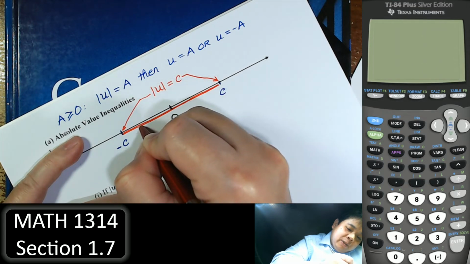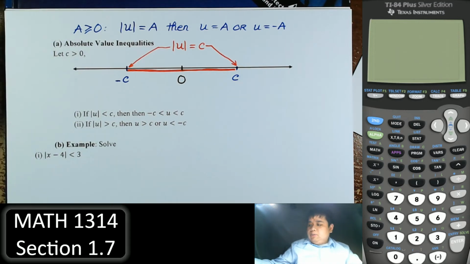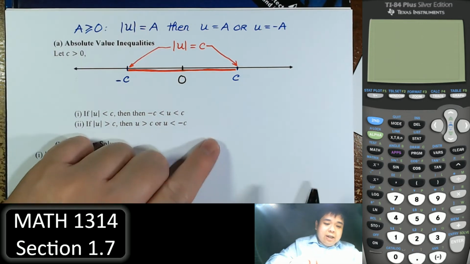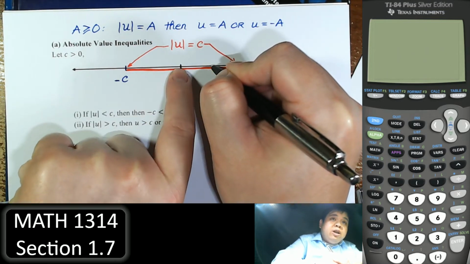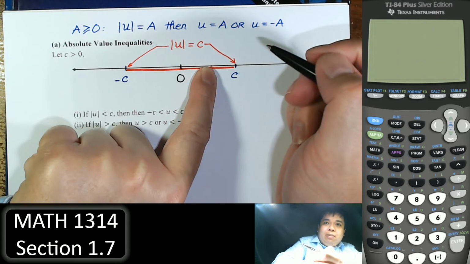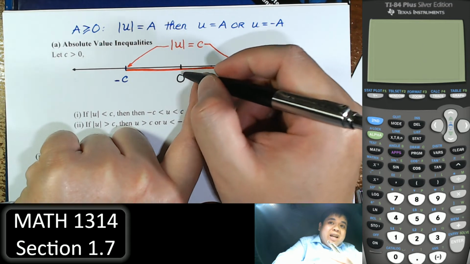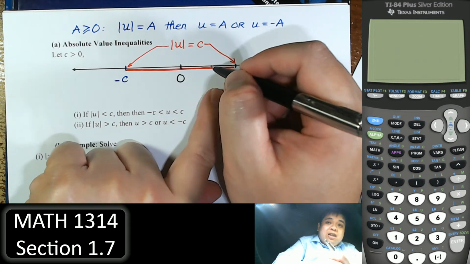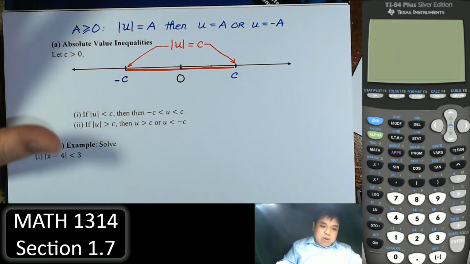Why is that? Let's say you have a number that is less than c. Where we have a point, let's say a point here, the distance from that point to 0 is less than the distance from c to 0, right? So that's why when it's less than, the distance to 0 has to be less than, meaning it has to be in between.